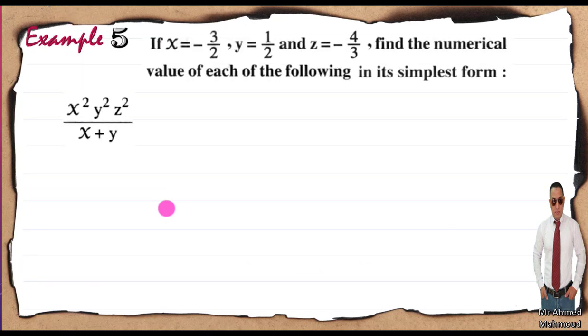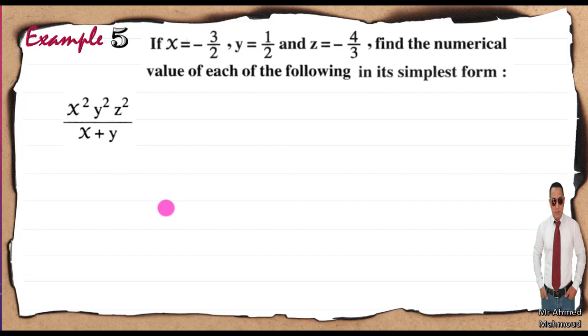Also, if x equal negative 3 over 2, y equal 1 over 2, and z equal negative 4 over 3, find the numerical value, in the simplest form, of the expression x power of 2, y power of 2, z power of 2 over x plus y.